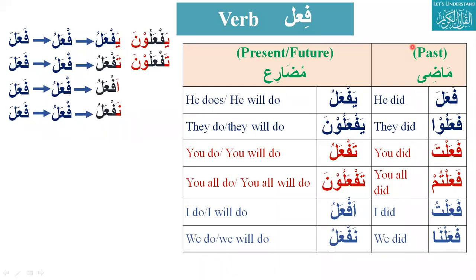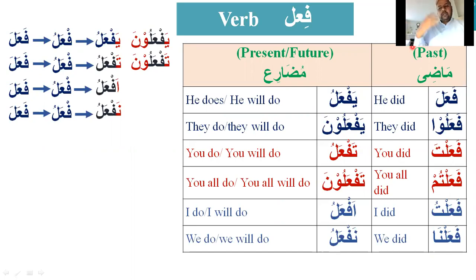I will start with fa'ala, and you will see how the fingers will move automatically. Fa'ala, fa'alu, fa'alta, فعلتم, فعلت, فعلنا. Now for mudare. يفعل, يفعلون, تفعل, تفعلون, أفعل, نفعل.